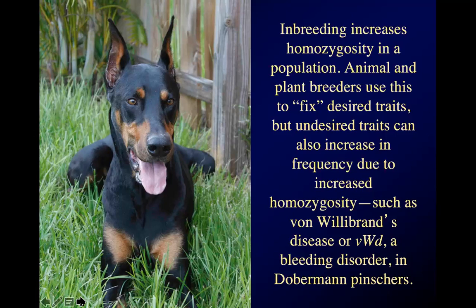The solution for that is you inbreed, and then you pick out the individuals that are homozygous for what you want and destroy the individuals that are homozygous for what you don't want. If you're a Dalmatian breeder, you're expected to humanely put down any of your Dalmatians that are deaf. You're not even supposed to have them spayed or neutered and give them away as pets. You're supposed to make absolutely sure that they don't breed.